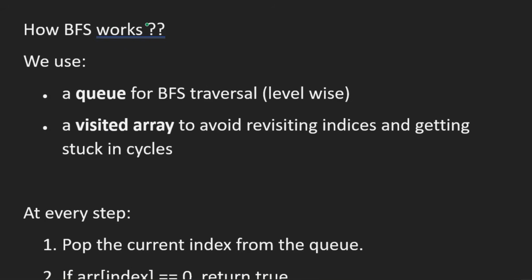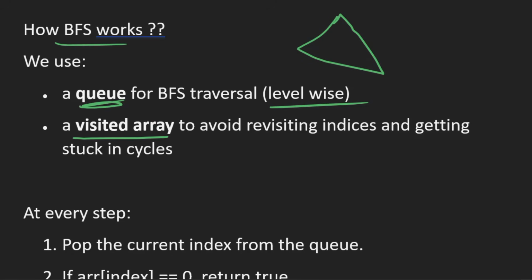First thing, in BFS we'll use a queue data structure for level wise traversal. And here in this graph problem we can get stuck in a cycle, right? So to avoid those cycles, we use a visited array. That means whenever we visit a node, we mark that node as visited.